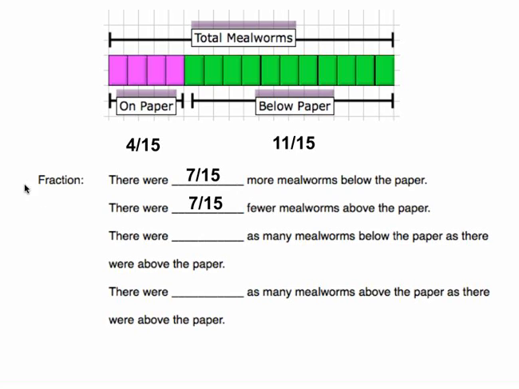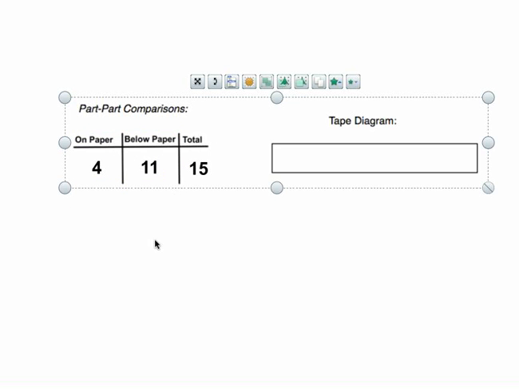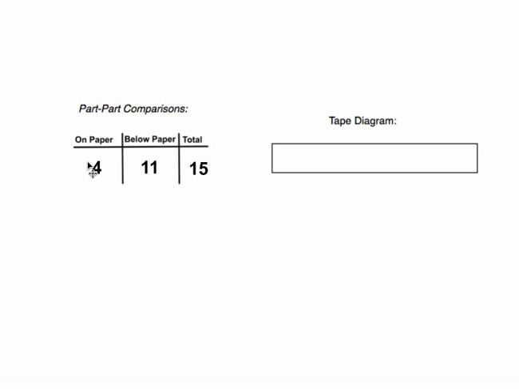Well, if we go back to this previous page, I'm just going to look at this table right here. This is showing us our part. So on paper to below paper to total, on paper to below paper is 4 to 11.